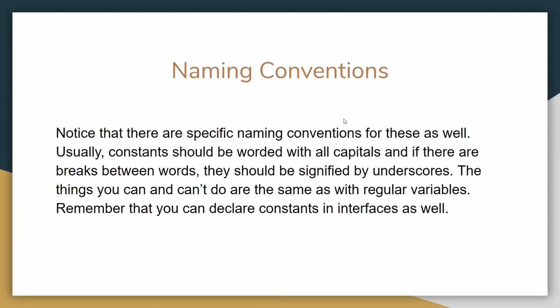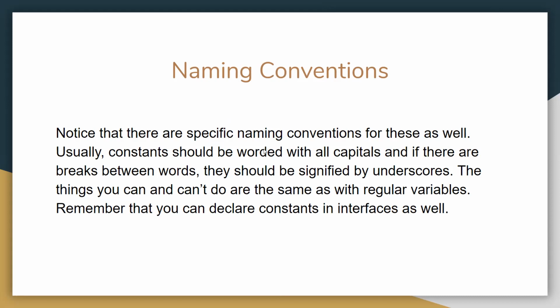Okay, naming conventions. There are naming conventions for every single type of thing, so there are naming conventions for constants as well. You just have to notice that naming conventions are only conventions. You don't have to follow them, but generally, if you're going to start programming big time, it's always good to start following naming conventions, since a lot of people will be looking at your code and you need to make it easier for them to understand.